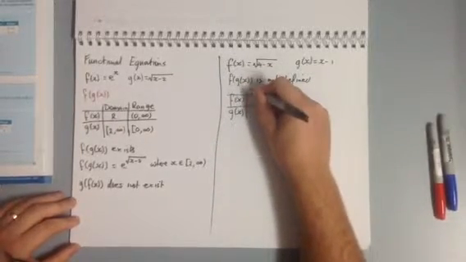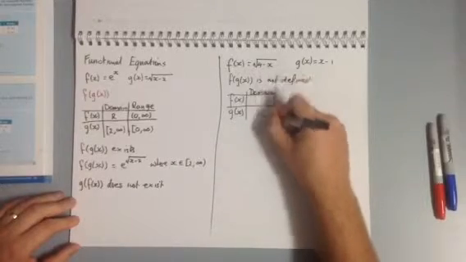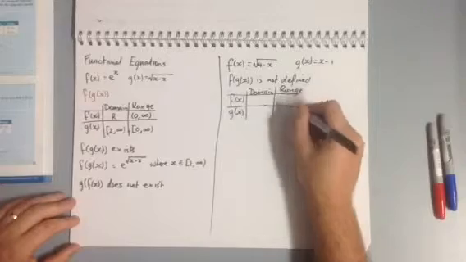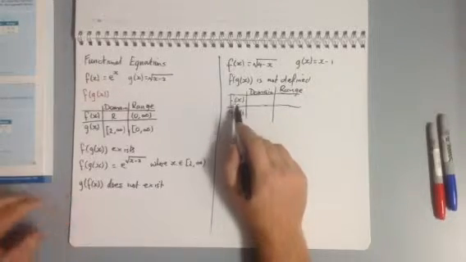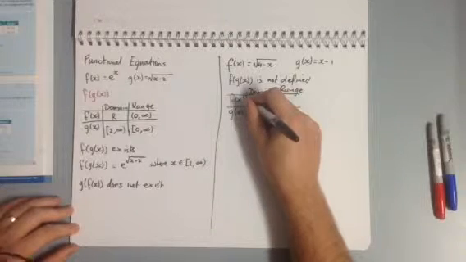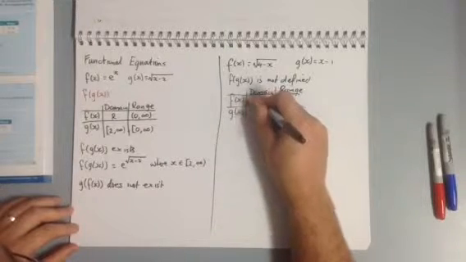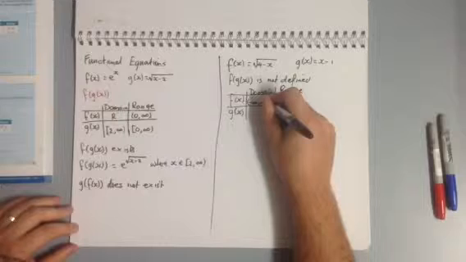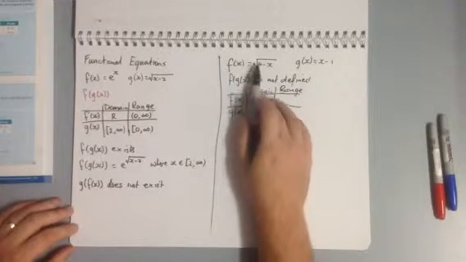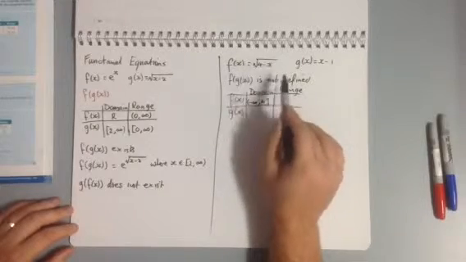We've got our domain, and we've got our range. So our domain for f of x will be from negative infinity to 4, because we're negative x, so you can think of this as the square root of negative x plus 4.